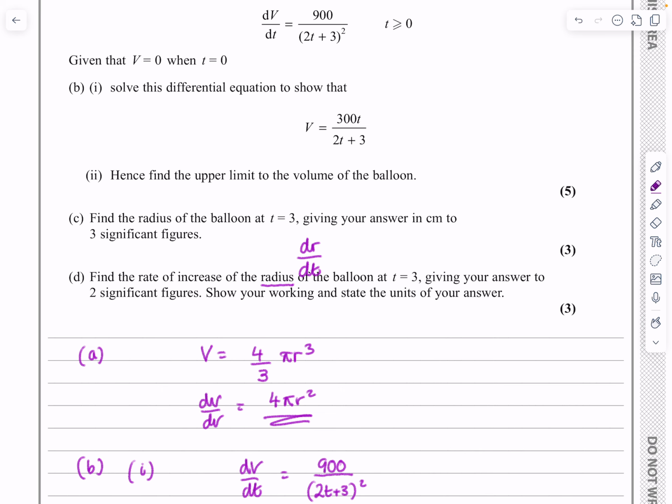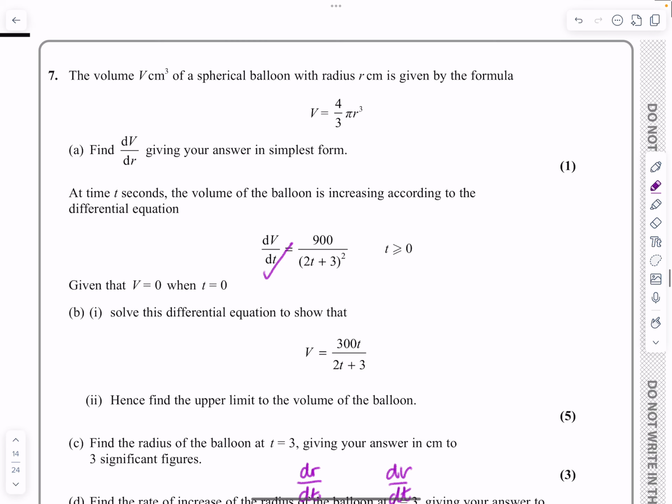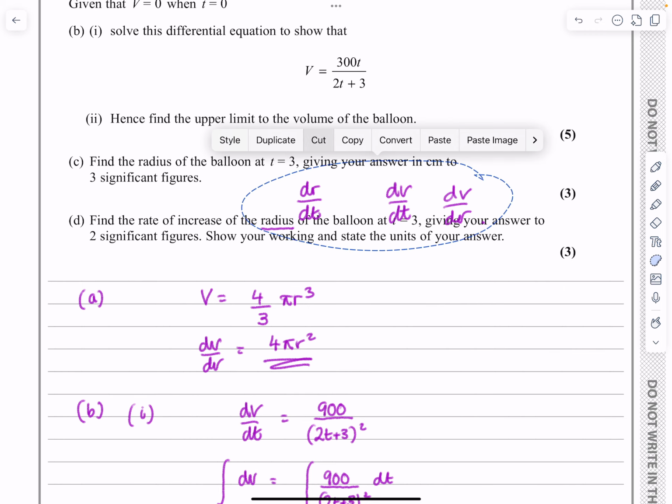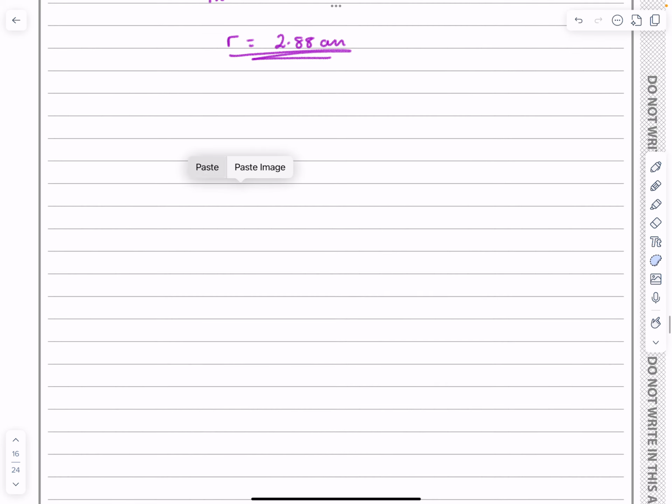From my question, I can see up here already that I've got dv by dt, and in the top part I've got dv by dr there. So I would imagine connecting these three. Gosh, look how long this question is. Okay, that's what I'm trying to connect for this last part here, part D.